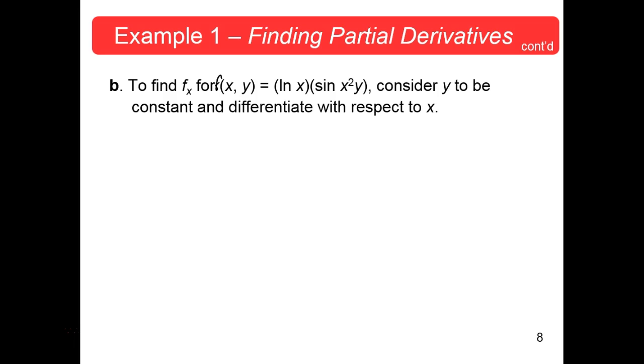That means you take the derivative of this, whatever this is, with respect to x, treating the y as if it's a constant. Then when we turn around and do the partial with respect to y, we'll treat x as if it's a constant and take the derivative only with respect to y. Okay?